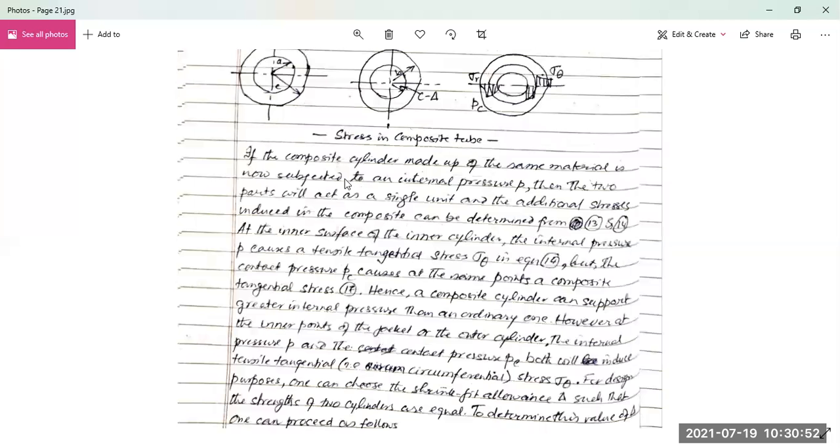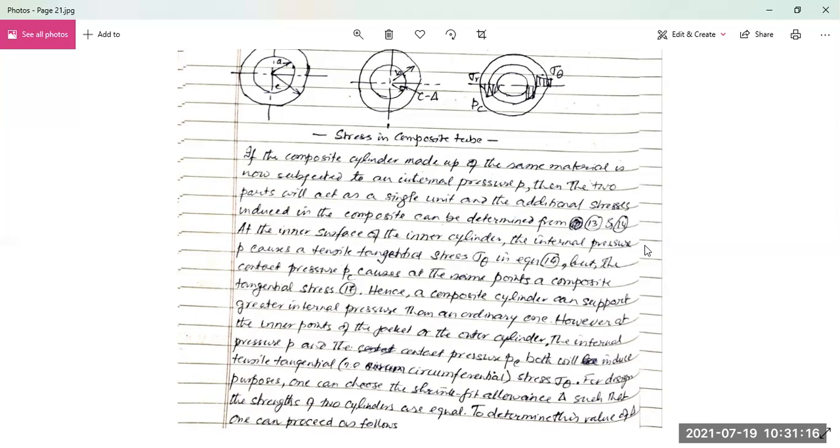If the composite cylinder made up of the same material is not subjected to an internal pressure P, then the two parts will act as a single unit and the additional stresses induced in the composite cylinder can be determined from equations 13 and 14 itself.